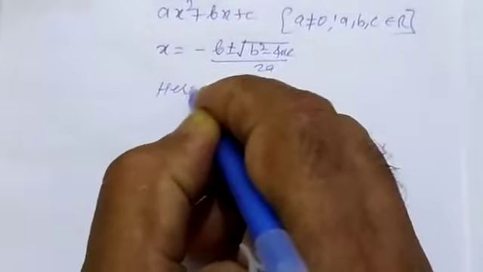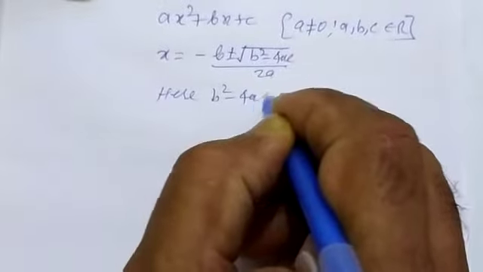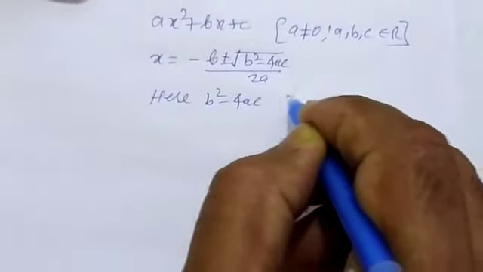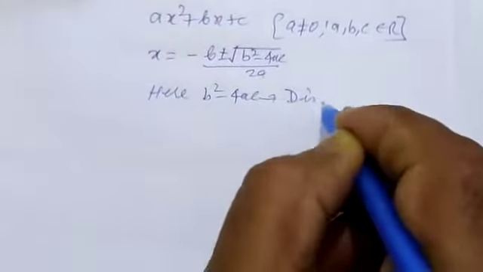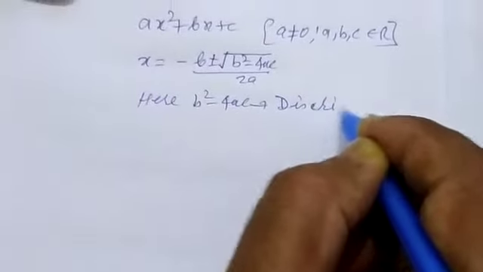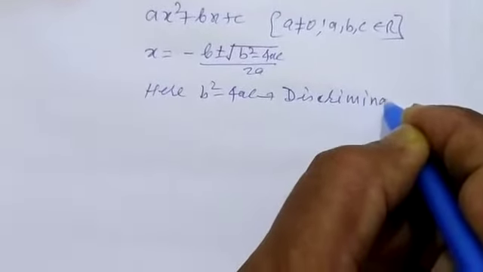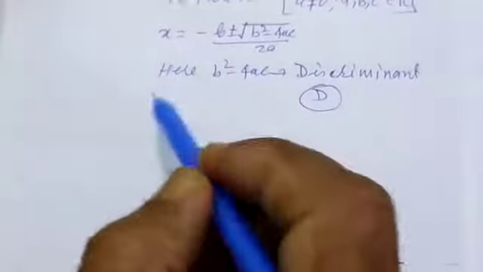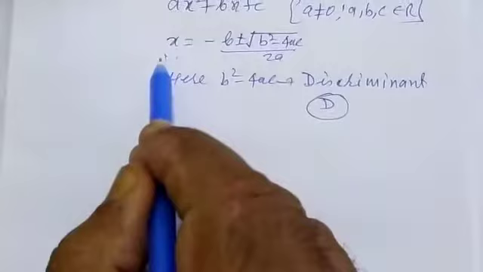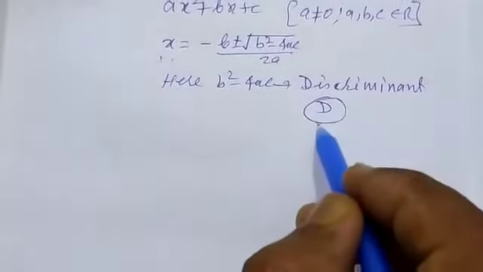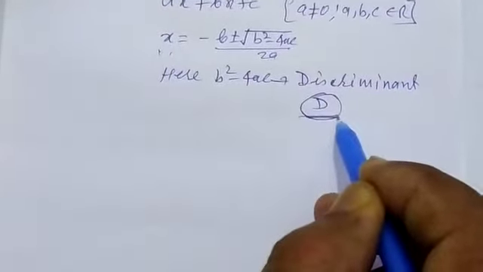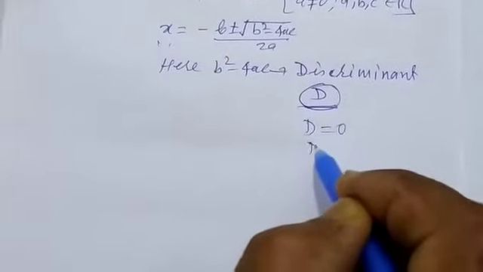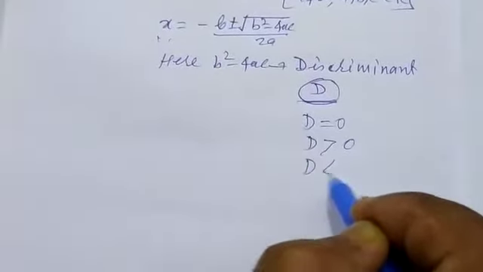Here b square minus 4ac is called the discriminant, denoted by D. The value of the zeros will depend on D. One by one we will see what happens if D is 0, D is greater than 0, D is less than 0.